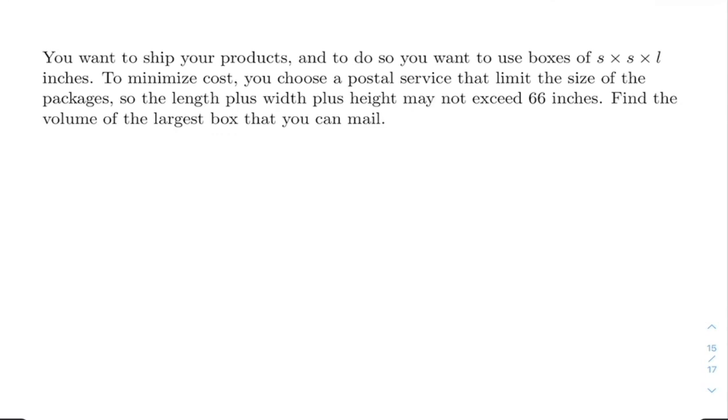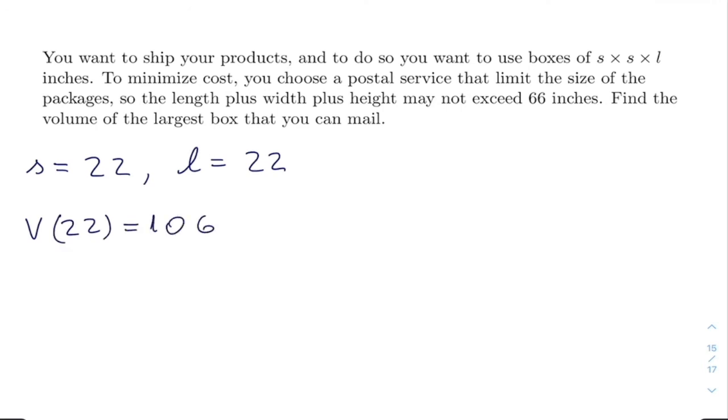So going back to our question, the largest box will be obtained when S is equal to 22, and so L will also be equal to 22, and the volume will be equal to 10,648 cubic inches.